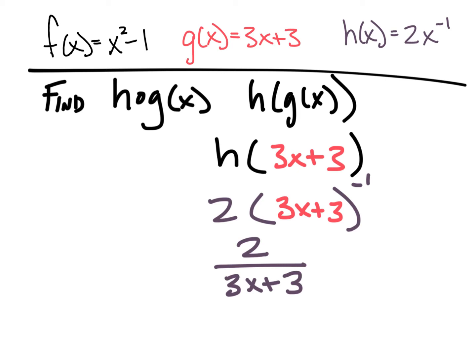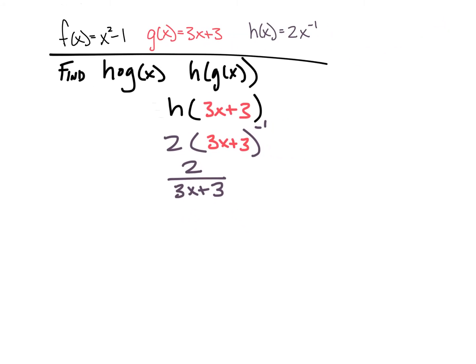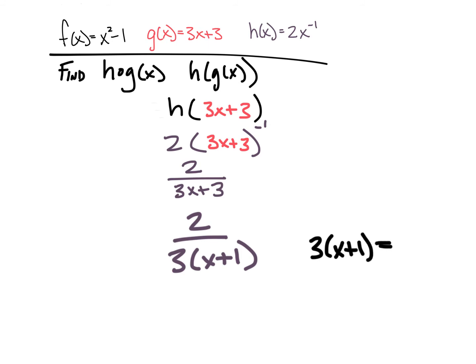I check, is there anything I could factor? Yeah, I could factor the denominator down to 2 over, I could factor out a 3. But still nothing cancels within the numerator and denominator. So this is as far as this can go. But now I have an x in the denominator, so I'm going to have to set the denominator not equal to 0. So 3 times x plus 1 not equal to 0.